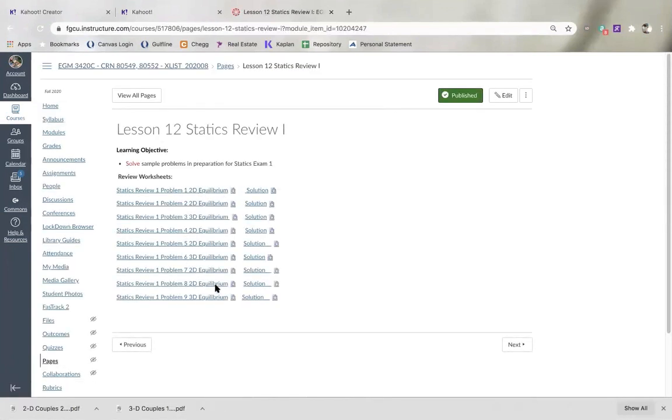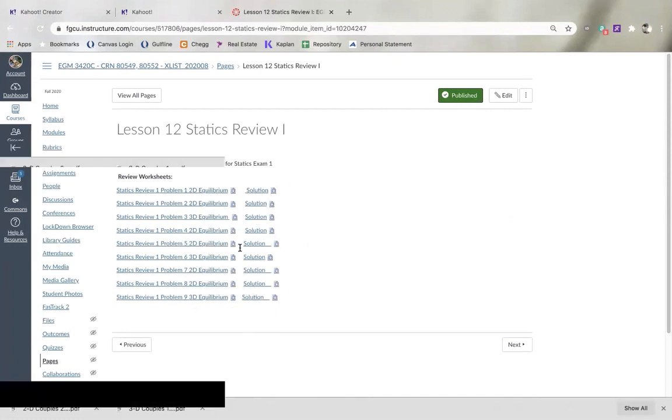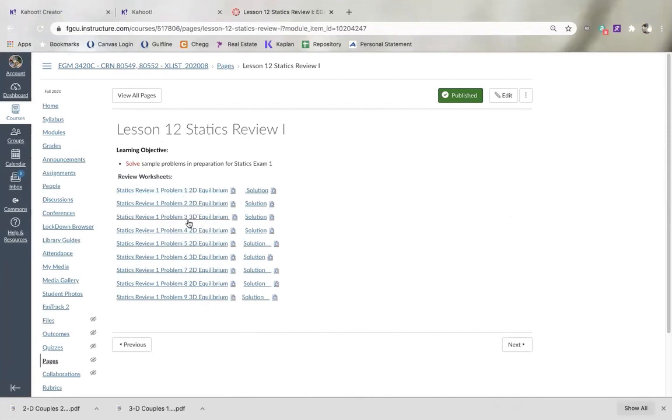All of these are the worksheets. The solutions are posted. Please, dear God, do not look at the solutions until you're done taking one of these exams, and then look at them to grade it, essentially. But yeah, that's how you access it.